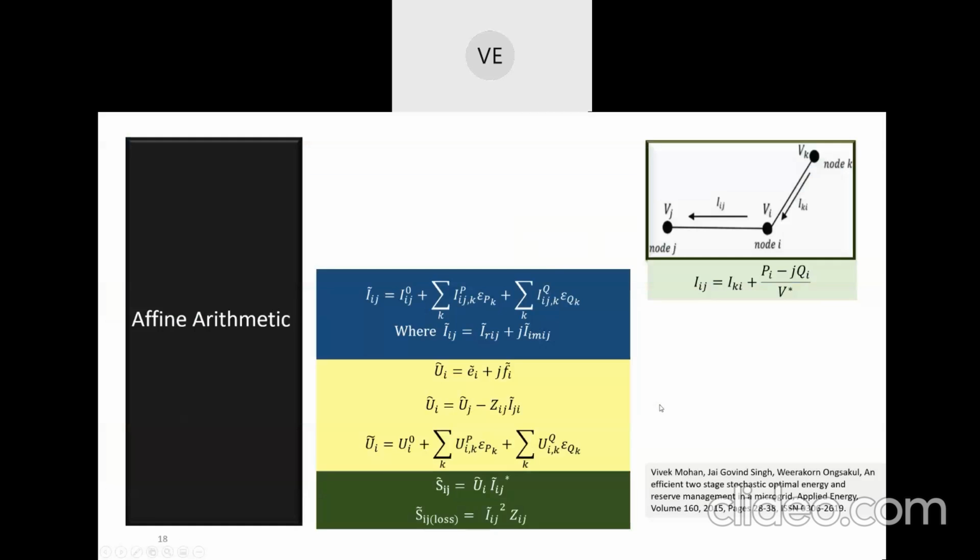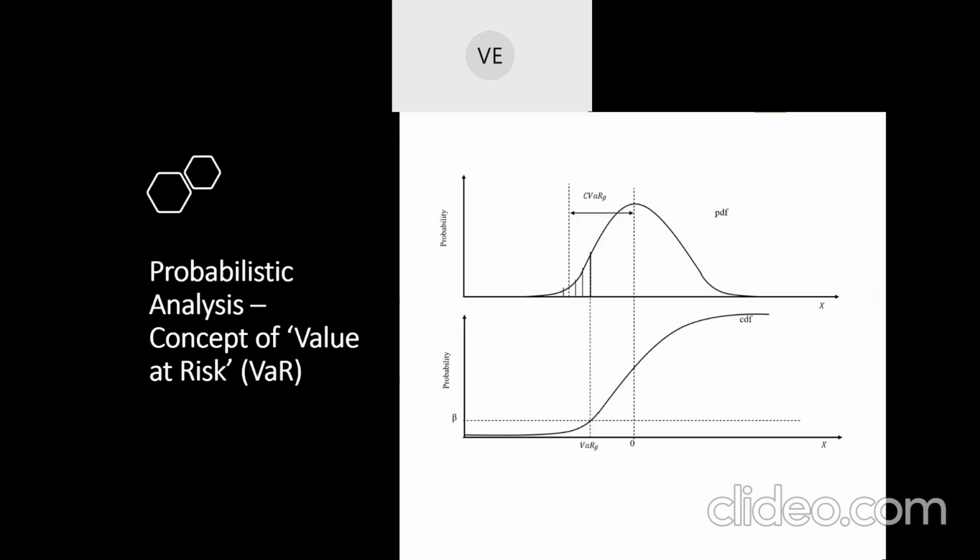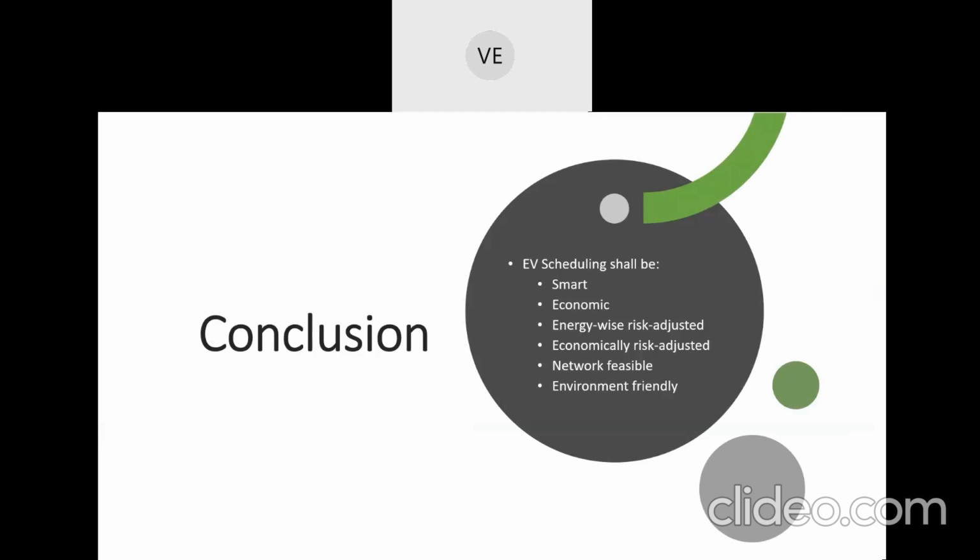So these are the stochastic aspects of scheduling. We will conclude now. EV scheduling shall be ideally smart. What is smart? We have already discussed, right? Automated, information, communication, everything should be properly done, properly sensed. Parameters should be properly sensed from the network.